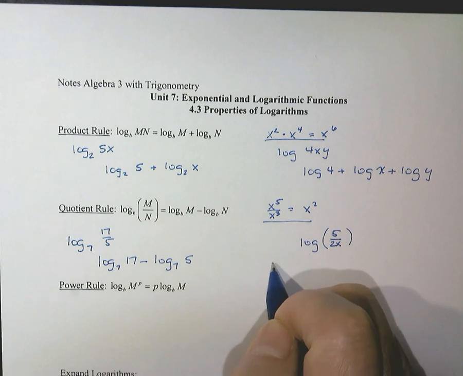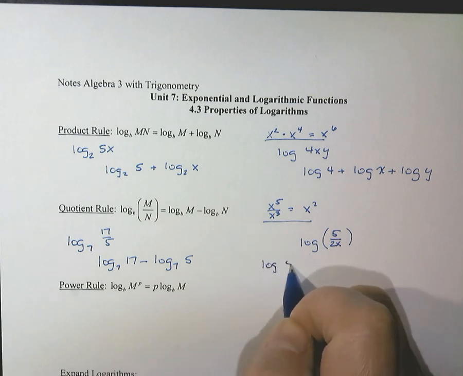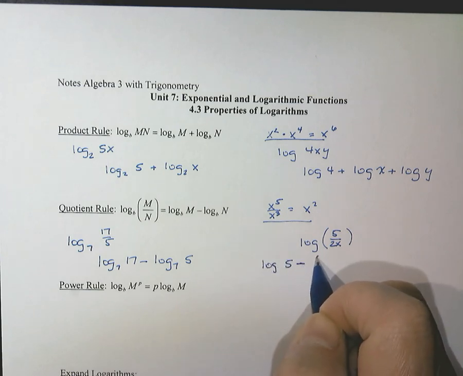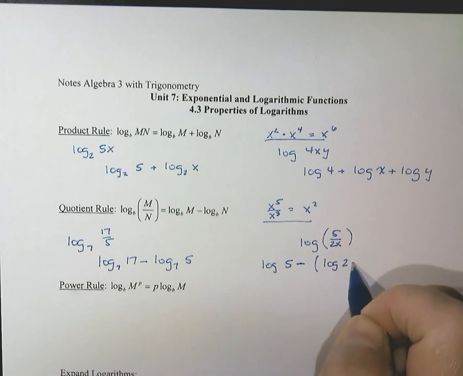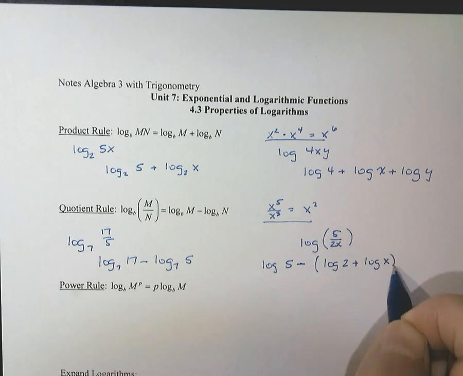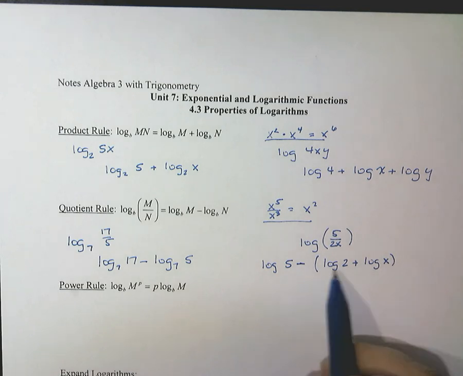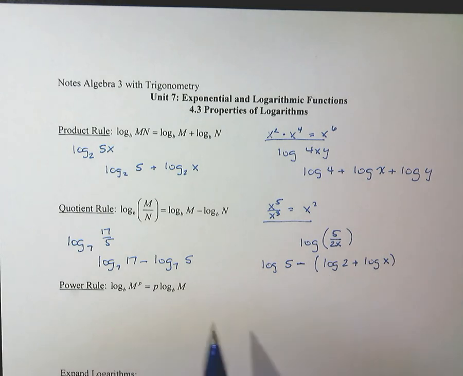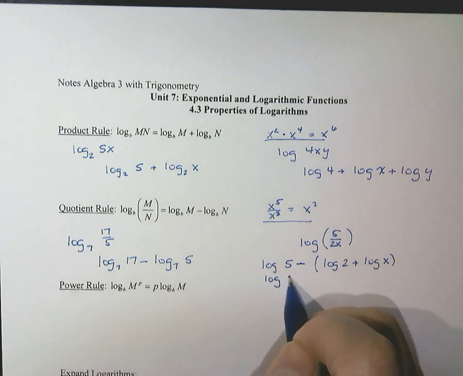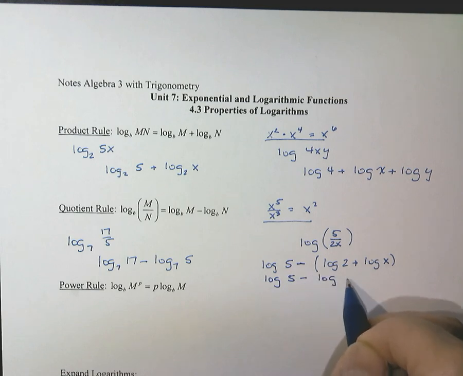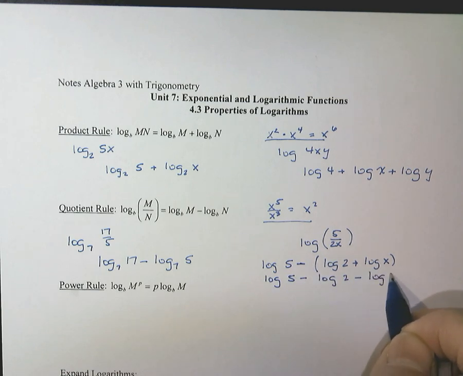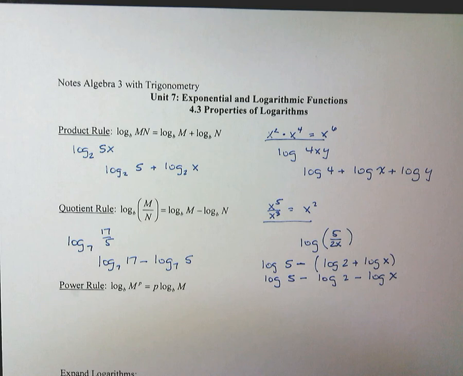I could say this is log 5 minus (log 2 plus log x), and that parenthesis shows me that everything is divided by this 2 and this x. Or I could write it as log 5 minus log 2 minus log x. Either one of those is correct, and it just depends on what you prefer.